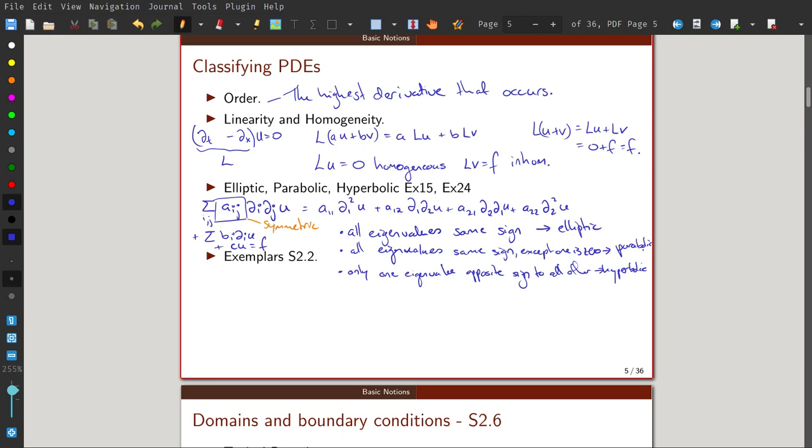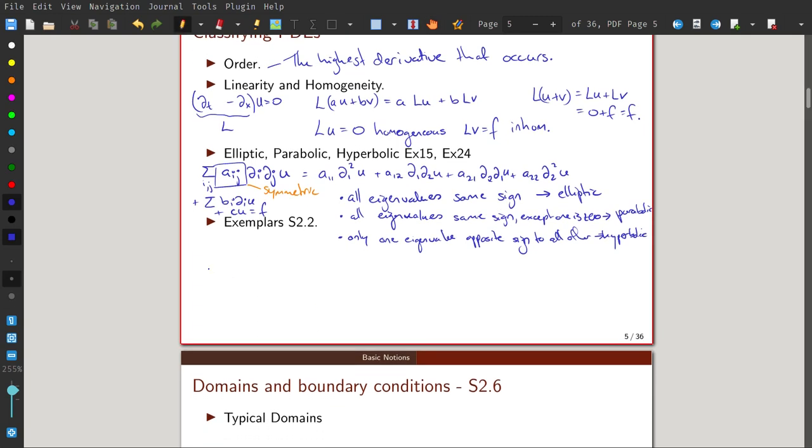And because this is an introduction course, instead of studying the full set of elliptic equations or parabolic or hyperbolic equations, what we do is we study one from each of these types. So from the elliptic type, we study Laplace's equation, which is the Laplacian operator equal to 0, where the Laplacian operator is by definition the sum of the second derivatives of all the coordinates with respect to all the coordinates.